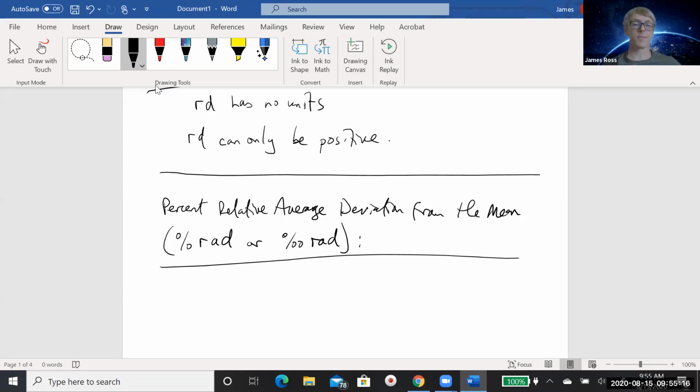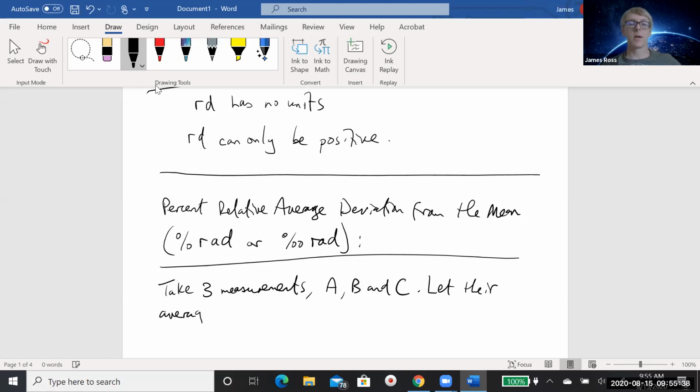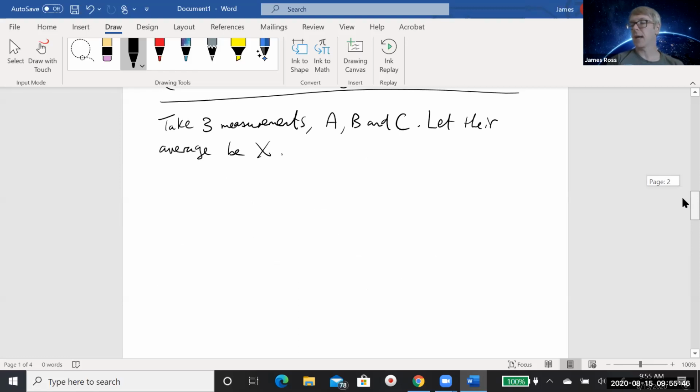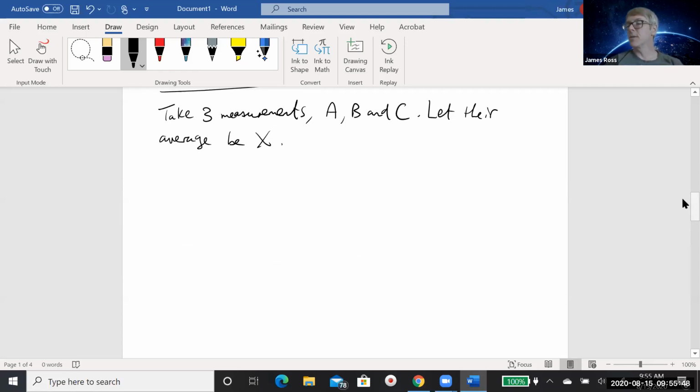Take three measurements. Let's call them A, B, and C. Let the average be X. Let's scroll down to make some more space. Let the absolute deviation be exactly as we've stated earlier.